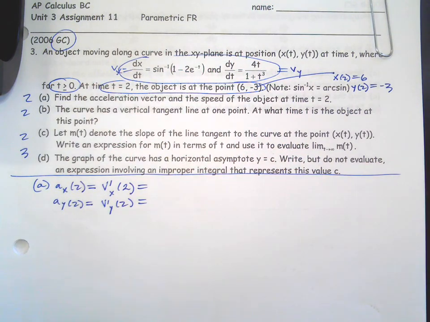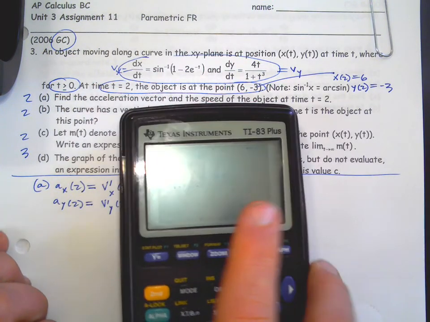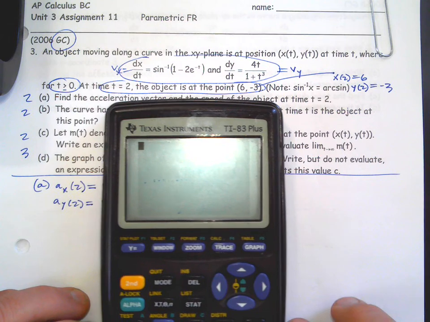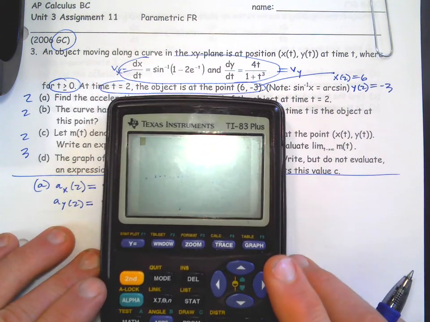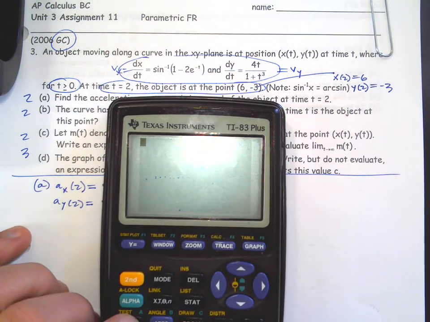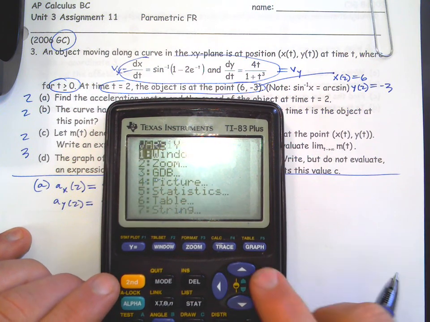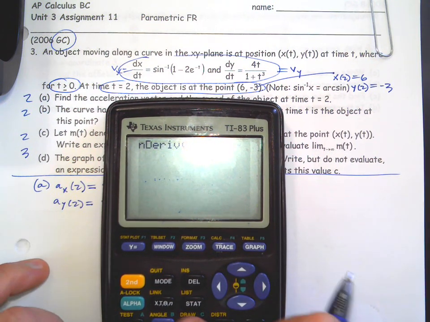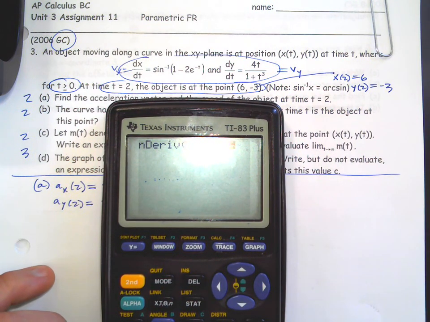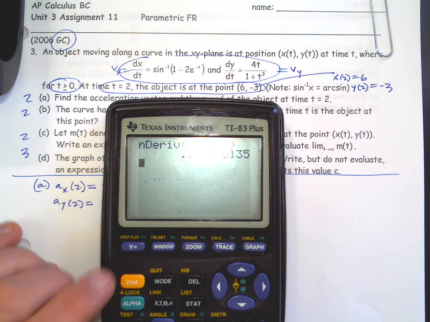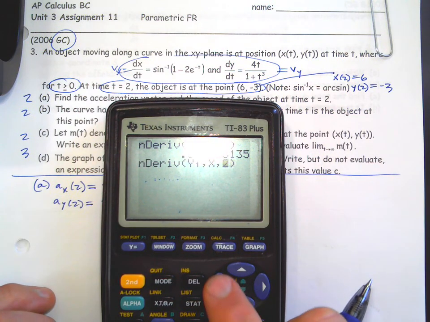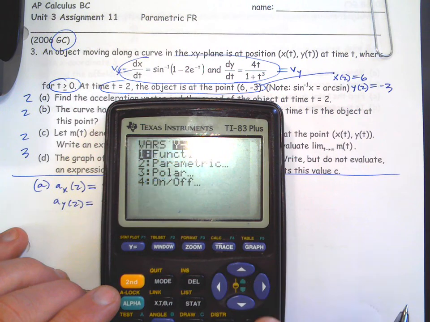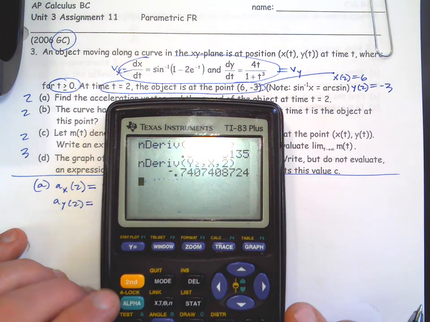Now, of course, you could do a bunch of work and find the derivatives yourself. That doesn't sound good. So math 8, vars, Y-vars, function Y1, comma x, comma 2. There's that one. Do the same thing, but vars, Y-vars, function Y2. There's that one.